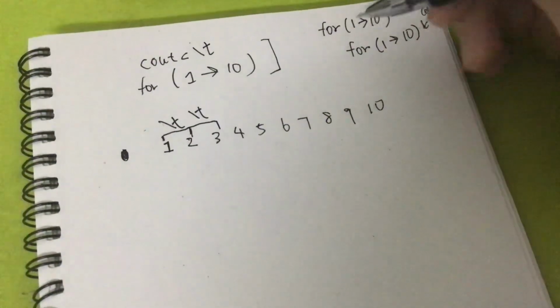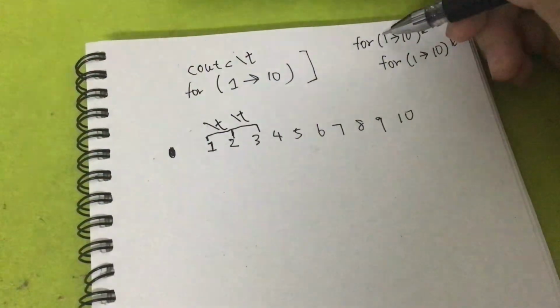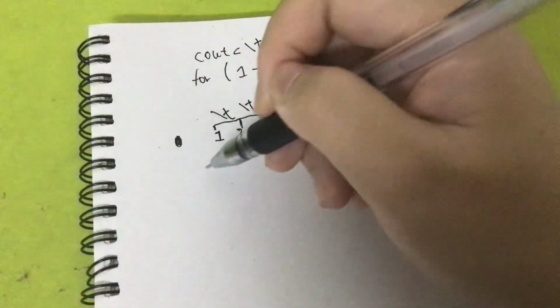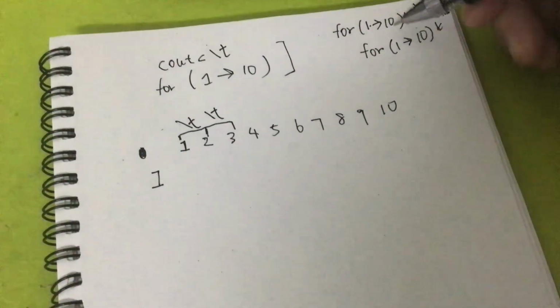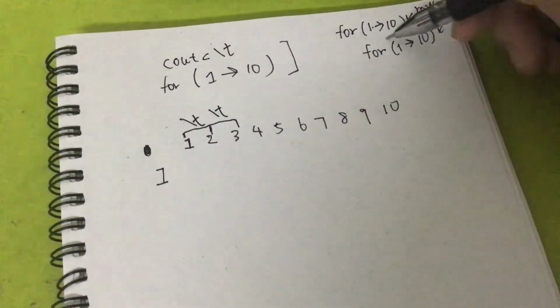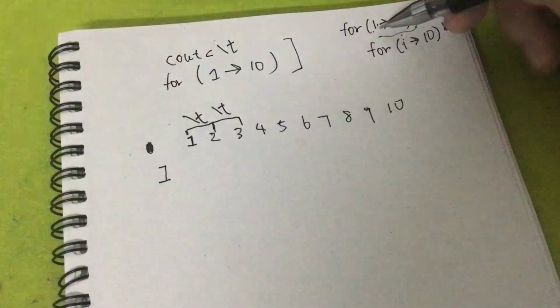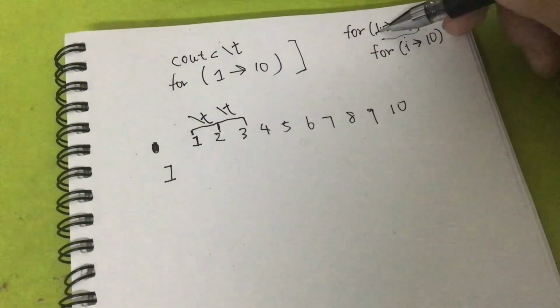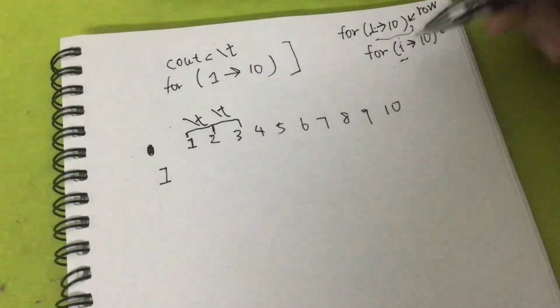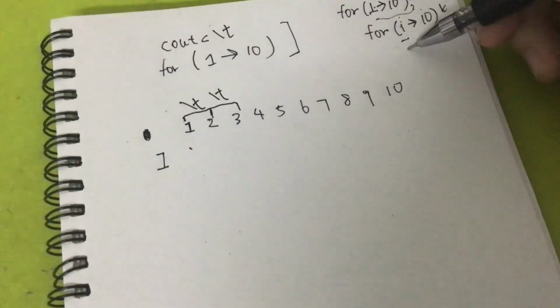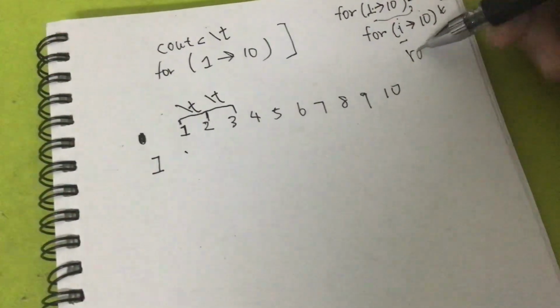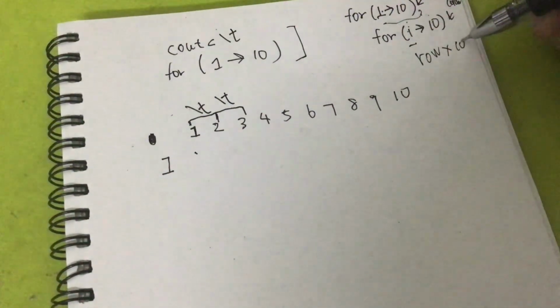Okay, so first, when it is equal to 1, we write 1, because this is the inner loop. Okay, they are connected, this inner loop and this outer loop. So now when it's at 1, this one will be at 1 also, so we add 1, and inside there will be such a thing as row times column.